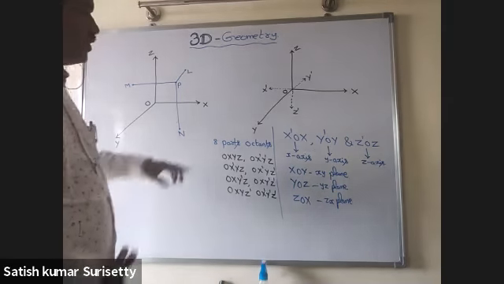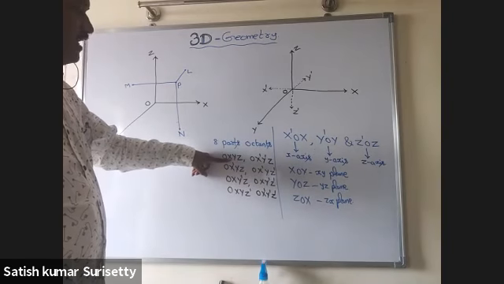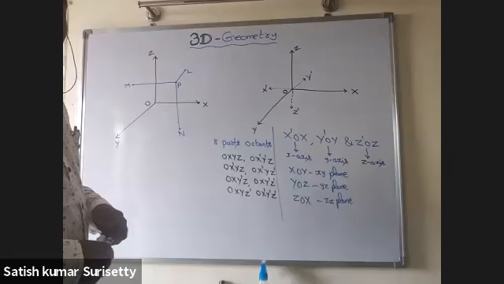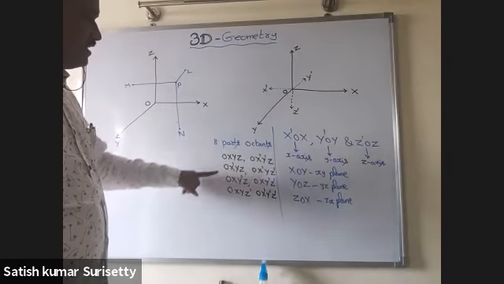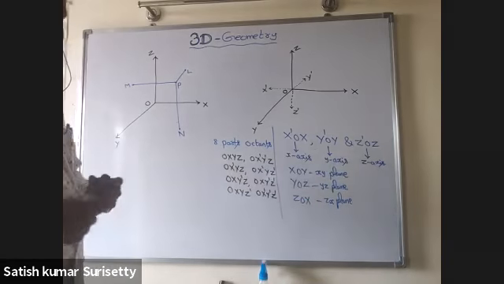Here, O, X, Y, Z means positive x-axis, positive y-axis, and positive z-axis, whereas O, X dash, Y, Z means negative x-axis, positive y-axis, and positive z-axis.